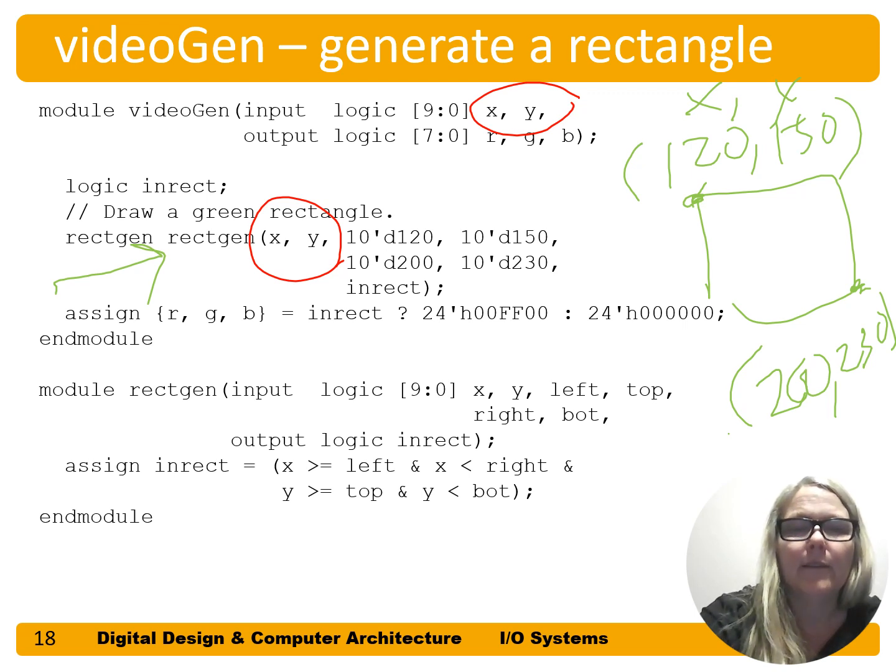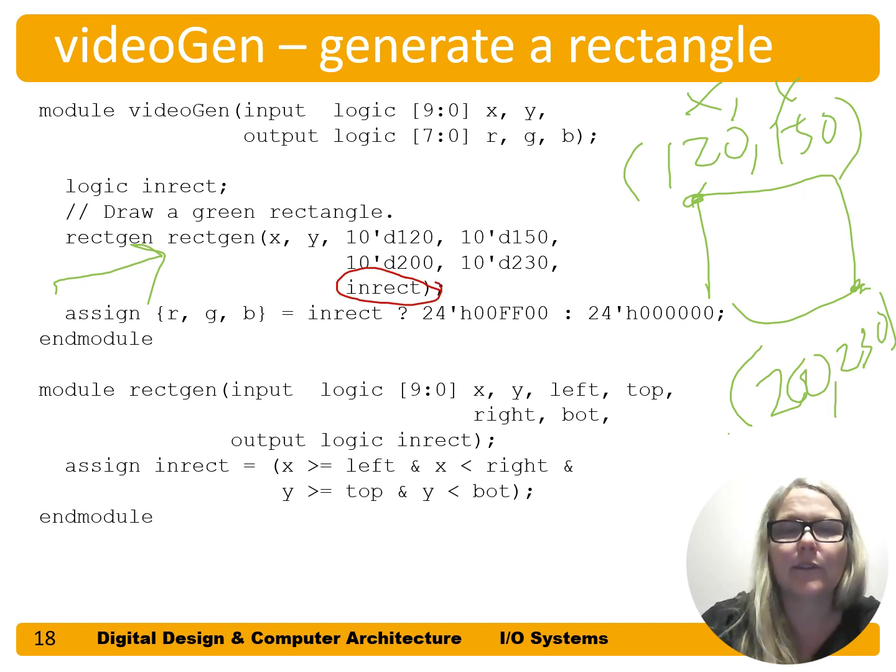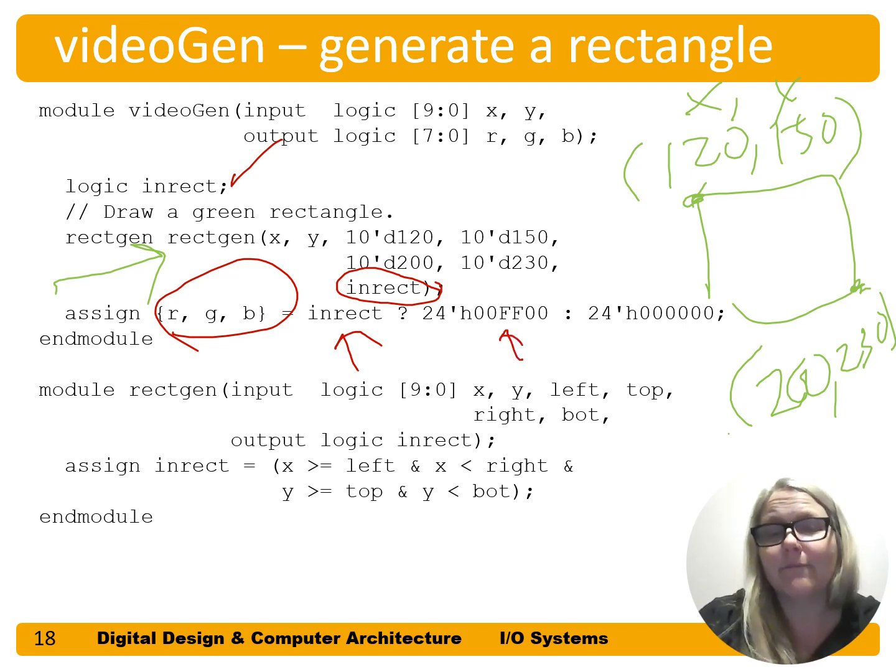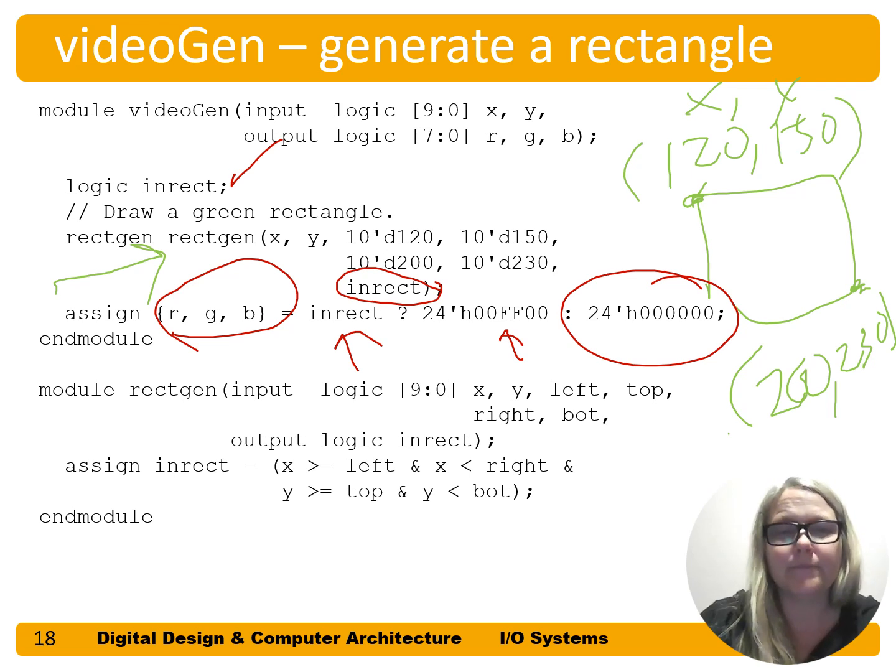And then we're going to get out from RecGen, just like we just talked about, this inrect output. That's an internal signal that says that'll be 1 if you're inside that rectangle. And this says, assign RGB if you're inside of it, assert the green, max out green. So in other words, make that pixel green. Otherwise, don't light that pixel up. Make it black.